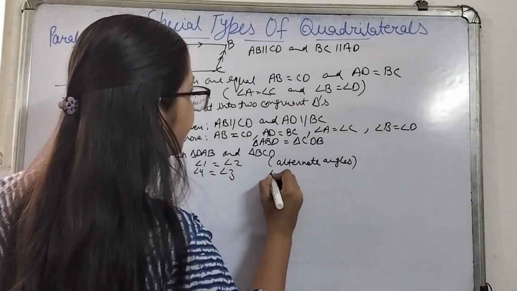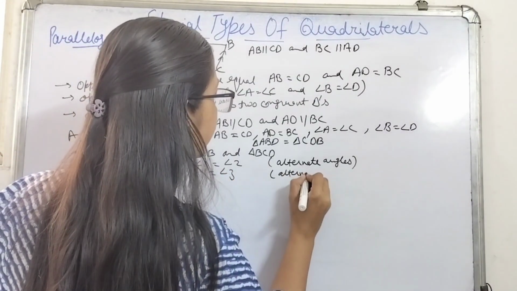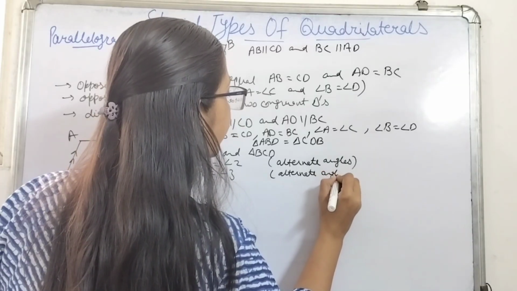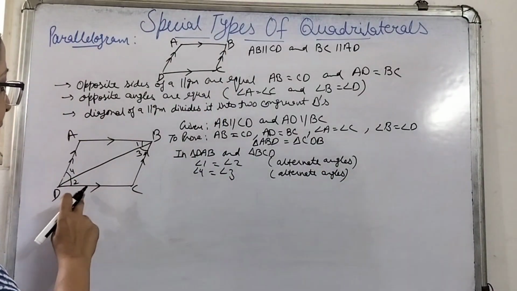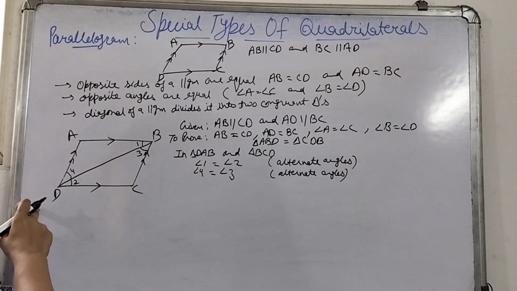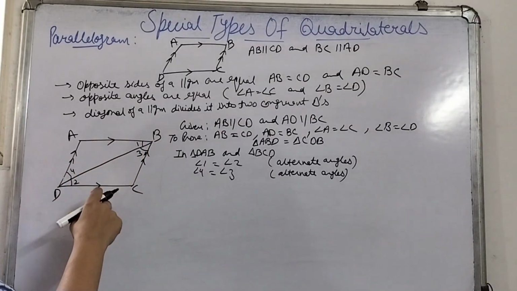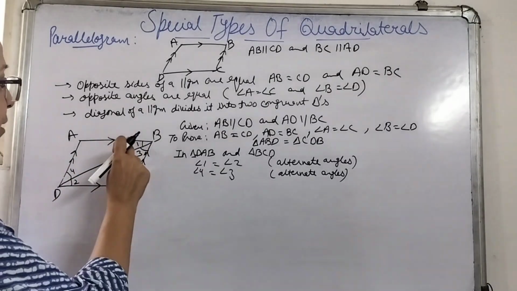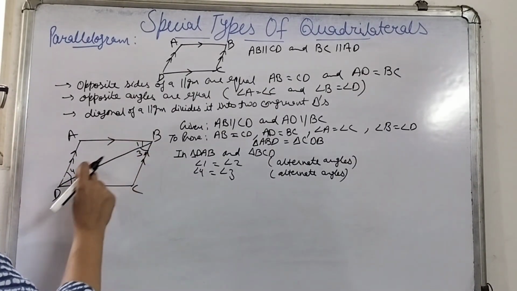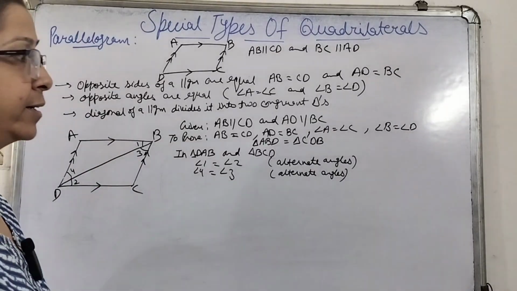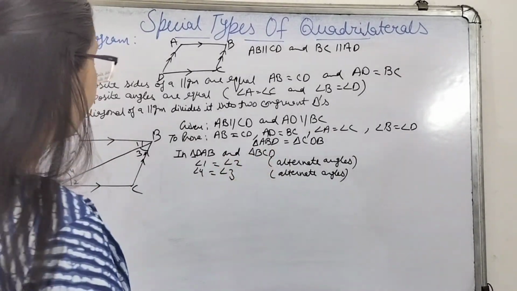Reason being they are alternate angles. Whenever there are two parallel lines and a transversal is intersecting these two parallel lines at two distinct points, then the angles which are formed as a Z, these are alternate angles. So these two angles will be equal.